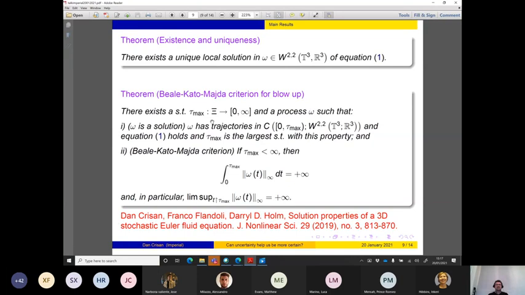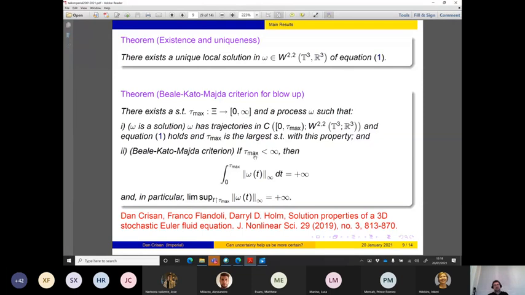But if that's not the case, if your stopping time is finite, what can you say? What happens there at that point? So that's this amazing criterion, which holds true in the deterministic case, and we prove that it still holds true in the stochastic case. And it's perhaps the only equation, the only stochastic PDE that I know of that has this characterization of the blow-up time.